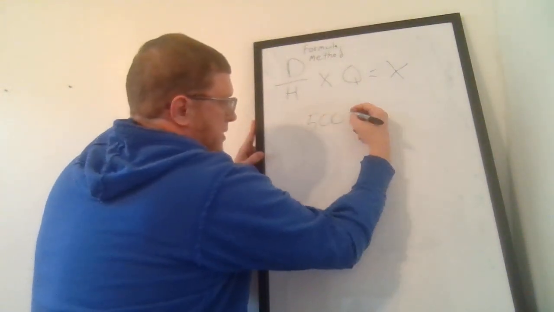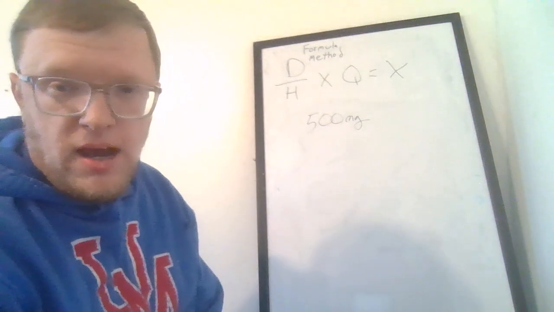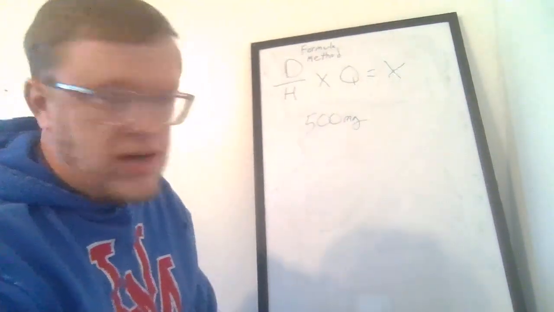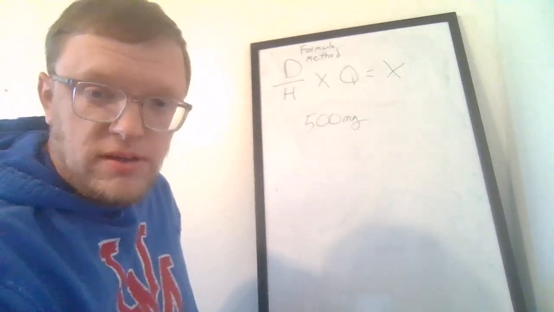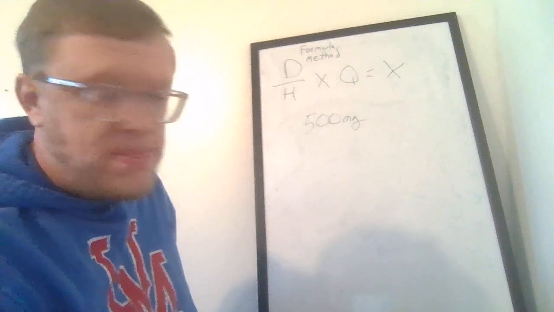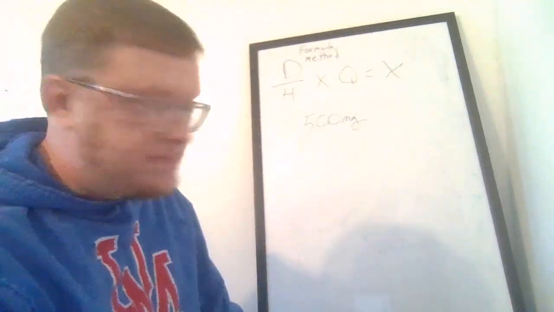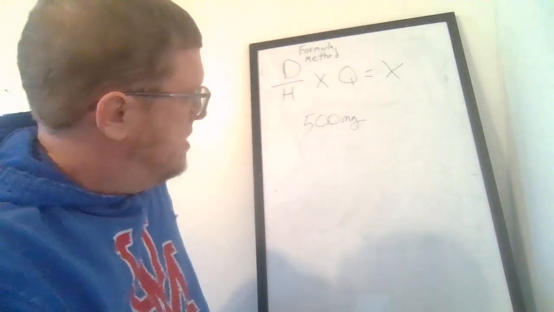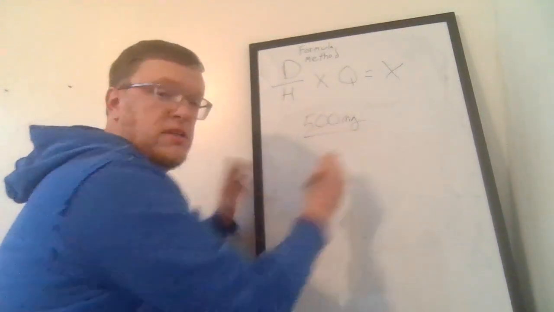I call down to the pharmacy and say, I need 500 milligrams of vancomycin. They say, well, all we've got is 1 gram in a bag. So what am I going to do? Well, we have a dilemma right here.